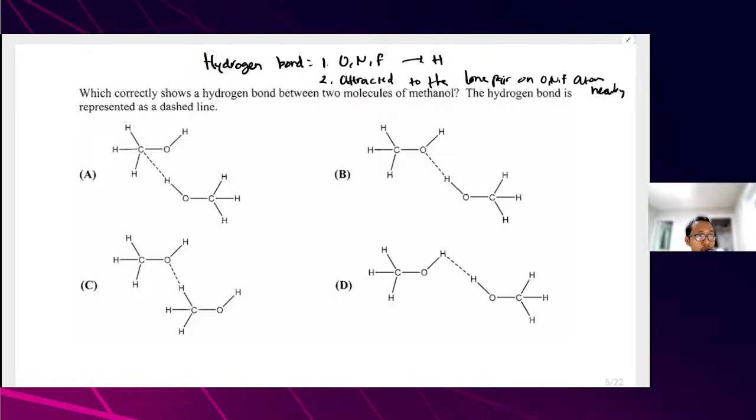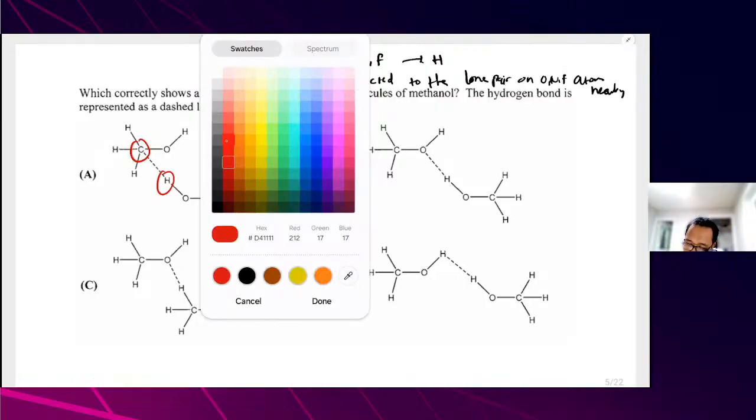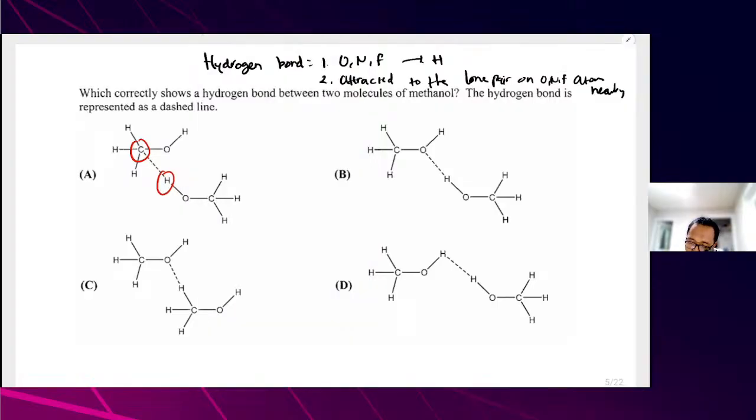For option A, the bonding is between carbon and hydrogen, so it is not correct, because it should be H with O, F, or N. How about option C?